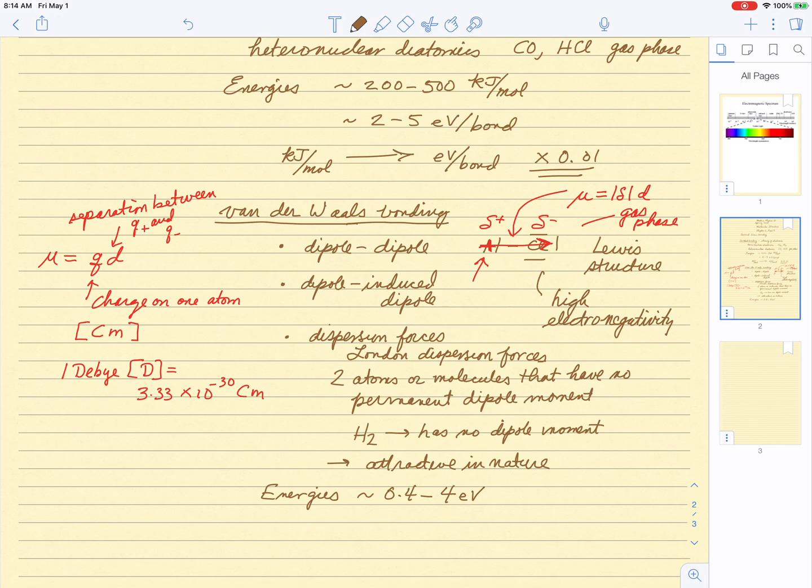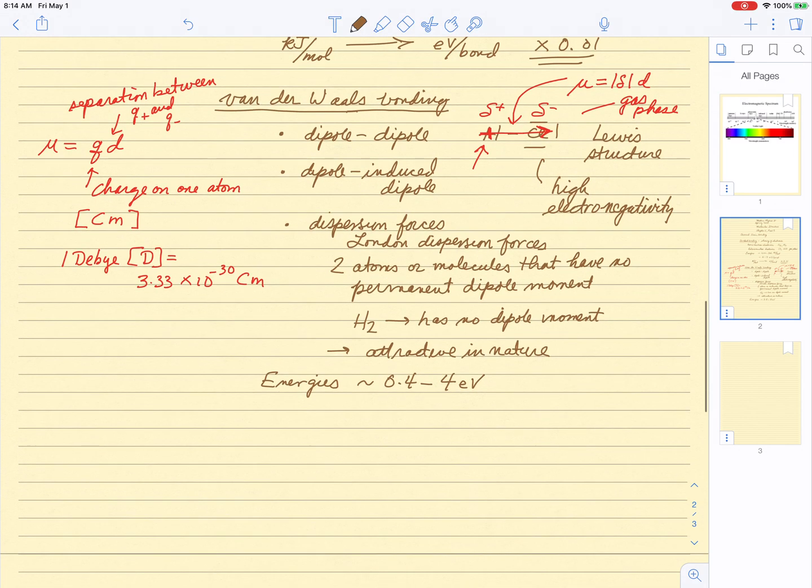And the last kind of interaction I want to talk about are what are called hydrogen bonds. And these typically are bonds that involve molecules that have high electronegativity atoms associated with them.